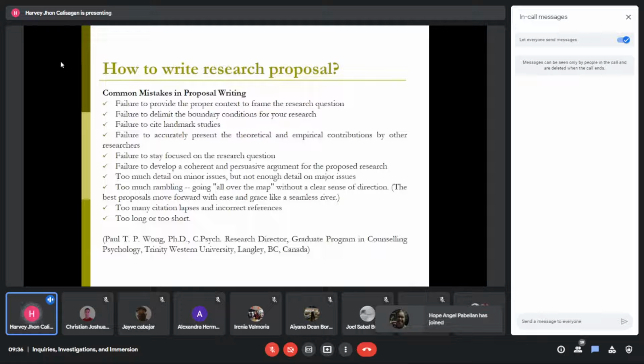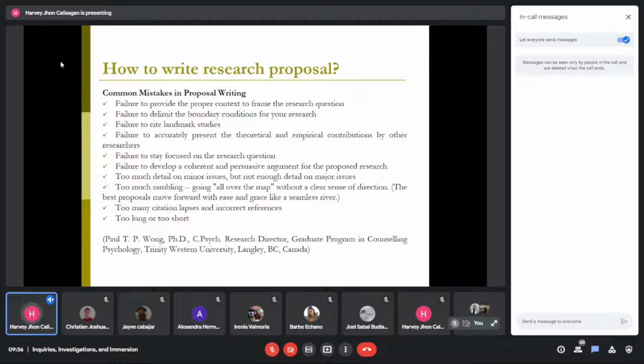Okay? Because if your title is, let's say, very common, those things are not really that persuasive anymore, because most of the panel have already read those samples. So what's the point of conducting or proposing those research if it's already common?